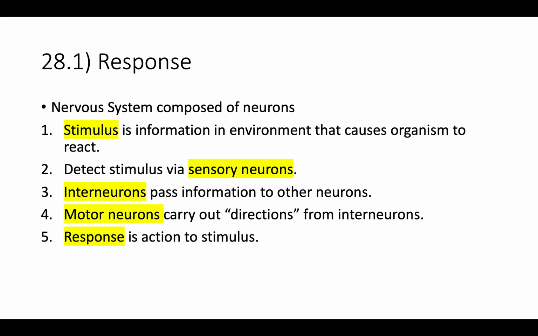Those that receive signals are going to be considered sensory neurons, right? They're receiving a stimulus, they're receiving some sort of sense or sensation. Now, it could be from external or internal environments, such as the pH of your blood dropped, or your blood sugar, or your heart rate.